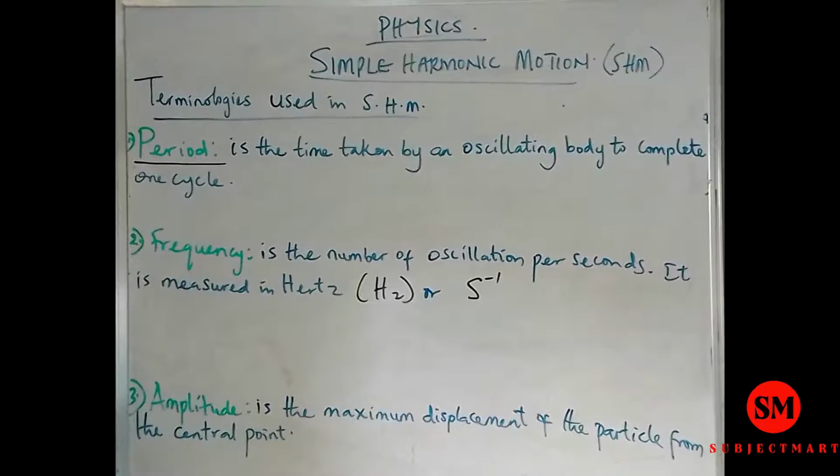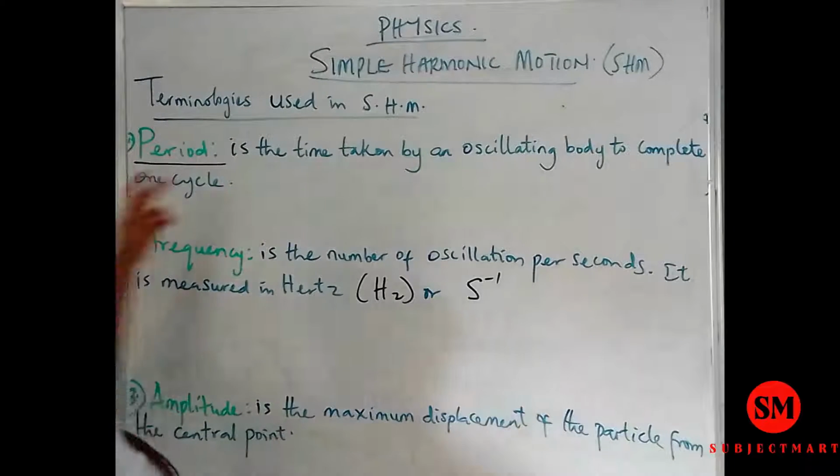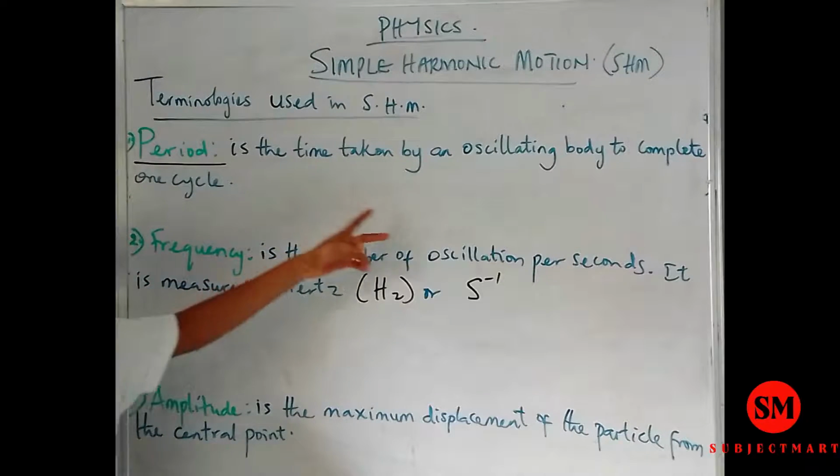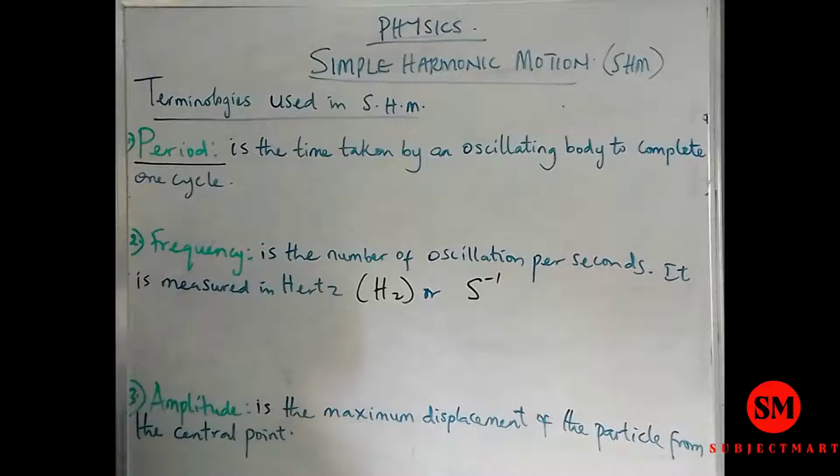Here are some terminologies used in simple harmonic motion. The first one is a period. A period is the time taken by an oscillating body to complete one cycle.